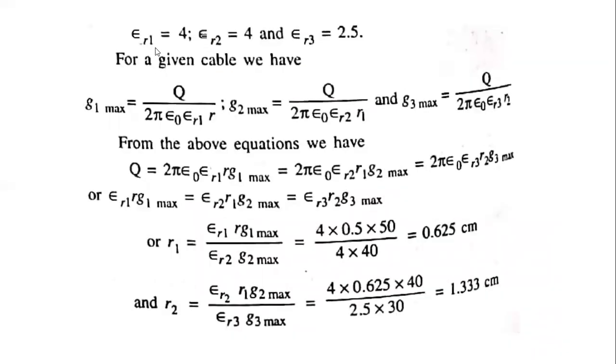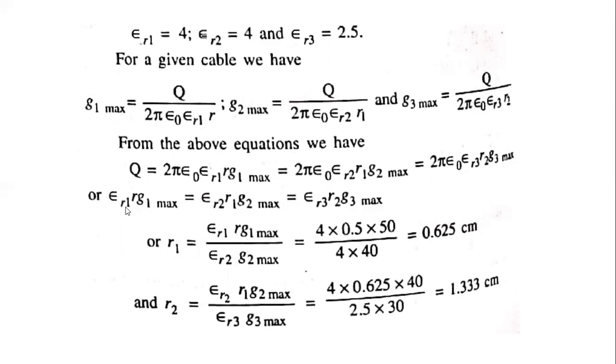Similarly, we write epsilon R1, epsilon R2 and epsilon R3 values. We know that G1 max is equal to Q by 2 pi epsilon naught epsilon R1 into R. Then G2 max is equal to Q by 2 pi epsilon naught epsilon R2 into R1. Similarly, G3 max is equal to Q by 2 pi epsilon naught epsilon R3 into R2.